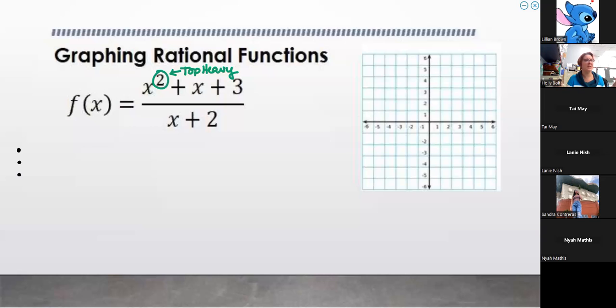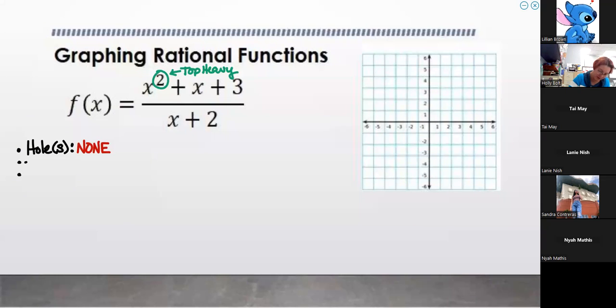Yeah. Nothing. The only things that multiply to 3 are going to be 3 and 1, and there's no way I can combine a 3 and a 1 and get 1 by adding or subtracting. So since I know that numerator does not factor, I know that there are no holes, because nothing can cancel out with my denominator.